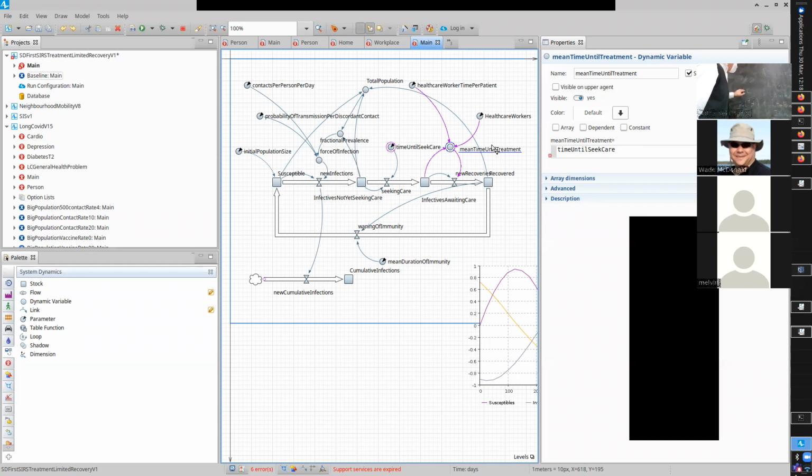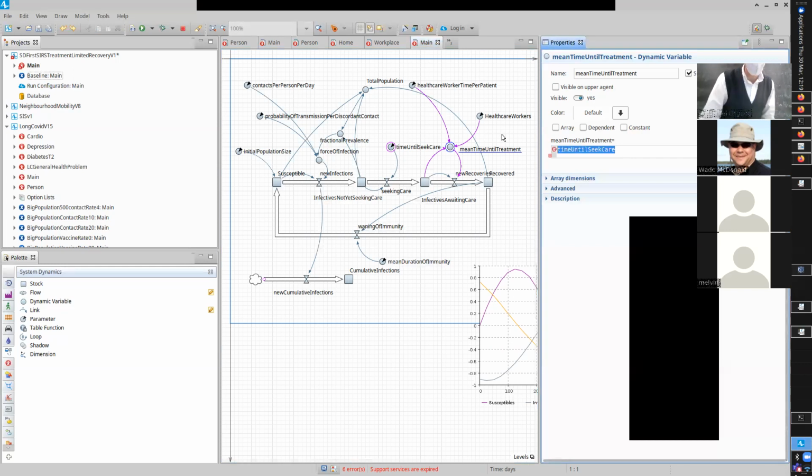So if we have 100 healthcare worker days of time needed, because the number of infectives awaiting care times the healthcare worker days required per patient is 100, and we have 100 healthcare workers, it will take a day that you have to wait in line. Does that make sense?